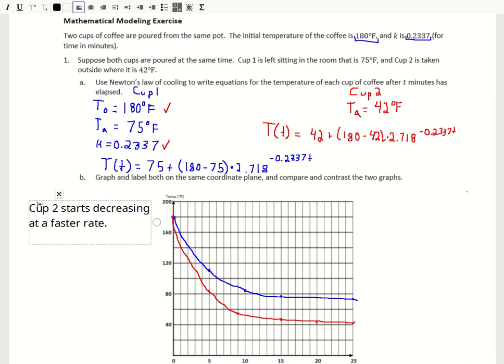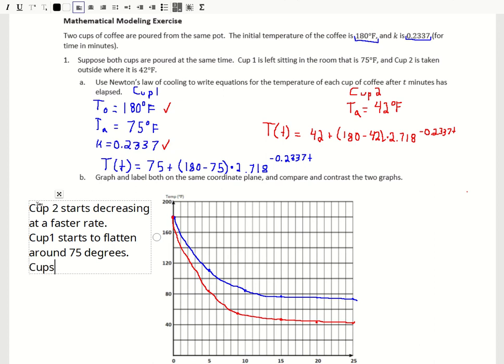We do. 75 degrees. Cup 1 starts to flatten around 75 degrees. It's never going to exactly hit 75 degrees, but it's going to keep getting closer and closer to 75 degrees.